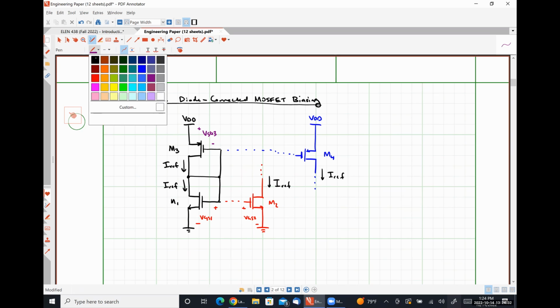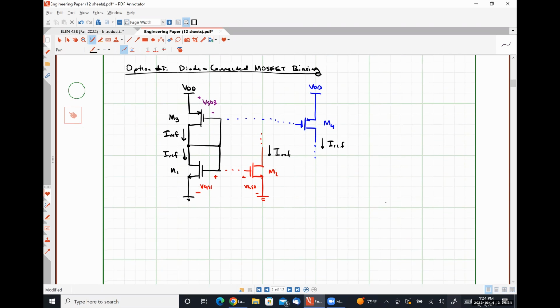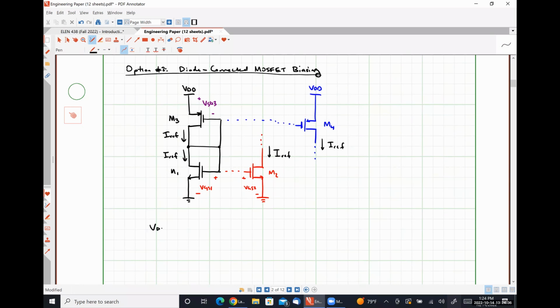So we can describe this mathematically simply by using Kirchhoff's voltage law. VDD, our supply voltage, will literally just be VSG3 plus VGS1. Since both of these transistors are being forced to operate in the saturation region, that means that VSG3 will be the absolute value of our P-type threshold voltage.